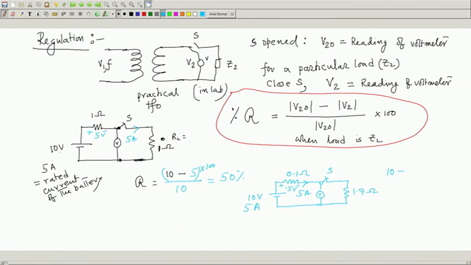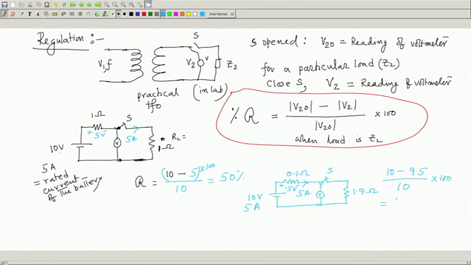Therefore, output voltage available will be 10 minus 0.5. So, with the load connected, this voltmeter reading will be 9.5 volt. So, 9.5 volt divided by 10, and you see into 100.